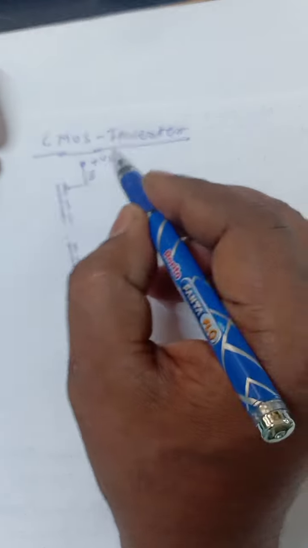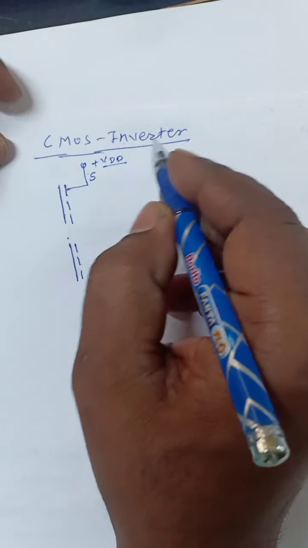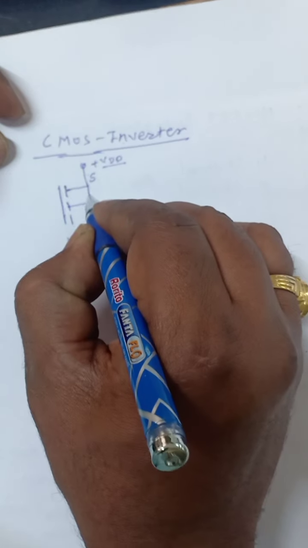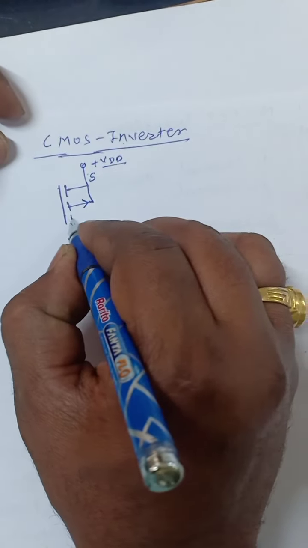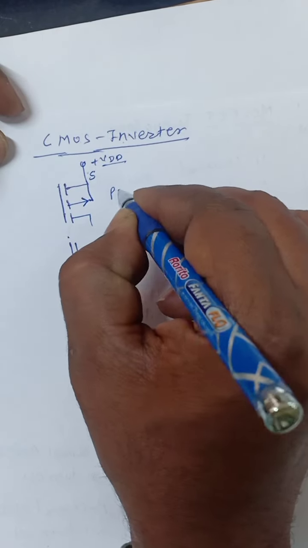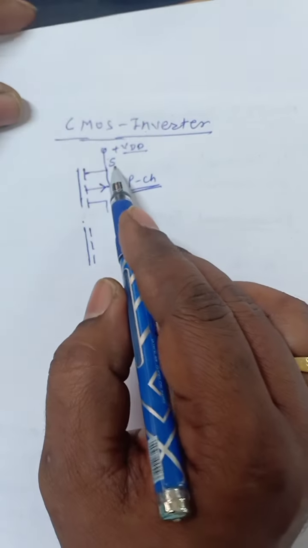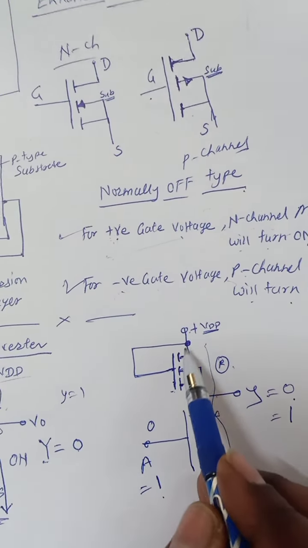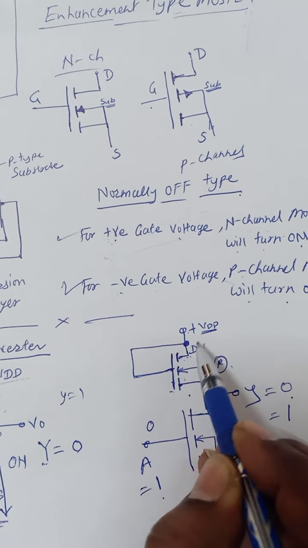So it is also named VDD. It is not named VSS, it is VDD. Here the most important point is this. This is the P channel. In the P channel the source terminal is connected to higher potential, and for the N channel the drain D is connected to higher potential.